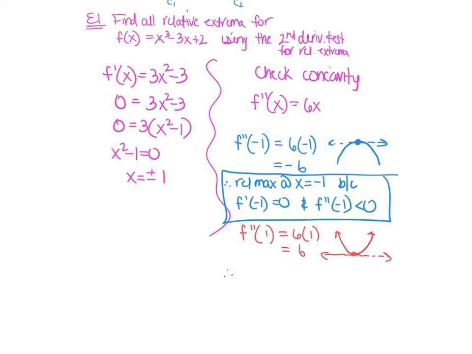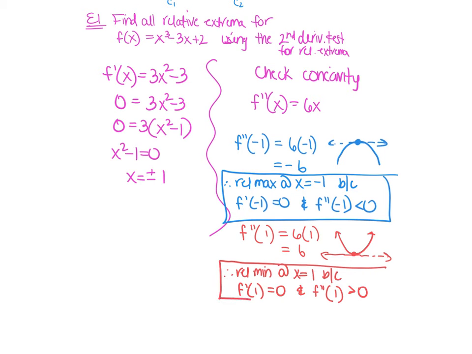So our conclusion is relative min at x equals 1 because f prime of 1 equals 0, telling us we have a horizontal tangent line there, and f double prime of 1 is positive, and so therefore it's concave up, and therefore a relative min. Okay, so that is how we will use our second derivative test to find relative extrema.